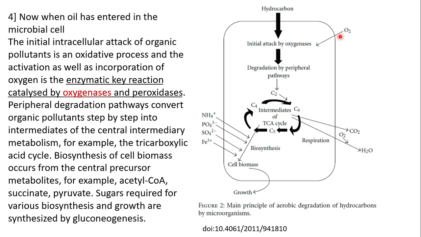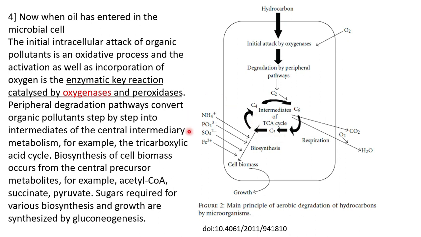These oxygenases will add oxygen to the oil, and the further degradation pathway will continue. This degradation pathway will produce energy that will help bacteria to divide. That's why the bacteria use paraffin oil as an energy source, because this energy helps bacteria to divide and multiply.